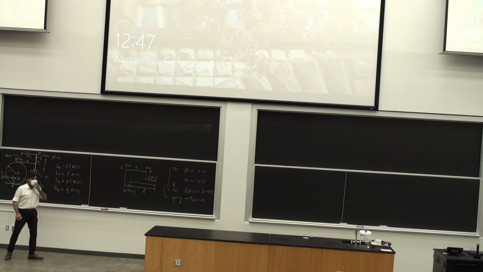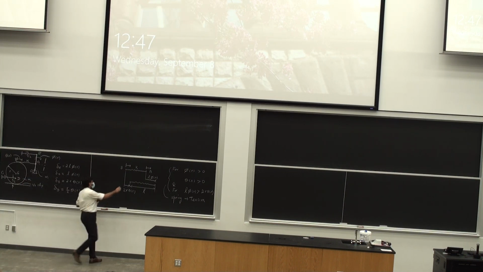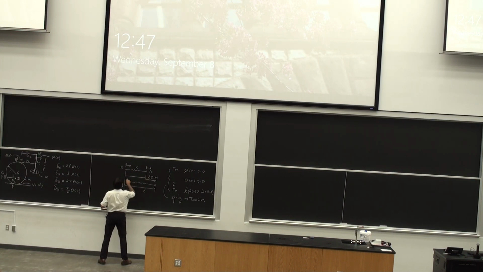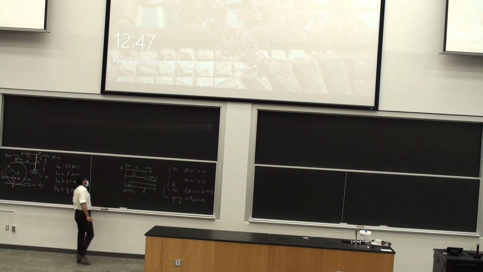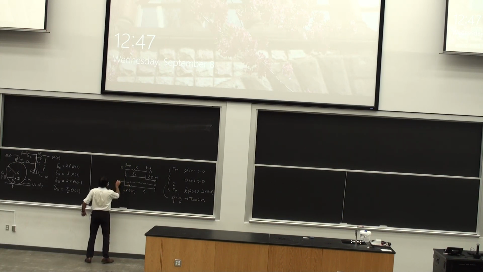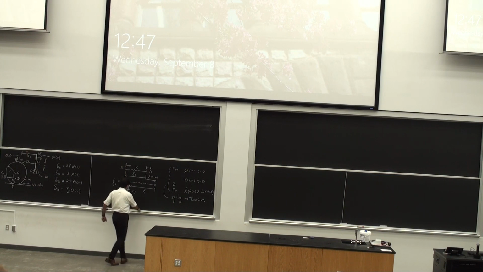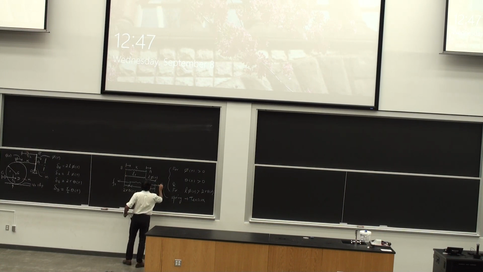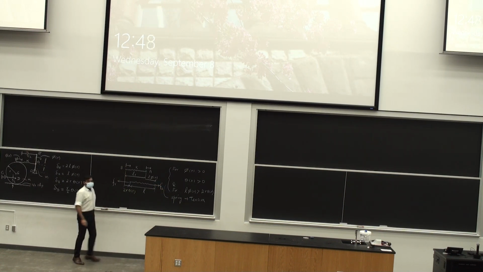Stretched length of the spring. Unstretched length of the spring we said at L naught. And the net deflection of the spring is being stretched. So the forces Fs, and Fs is k times the net deflection.